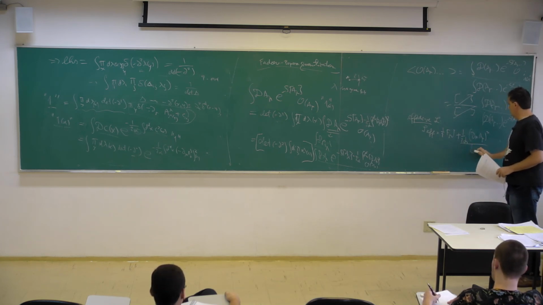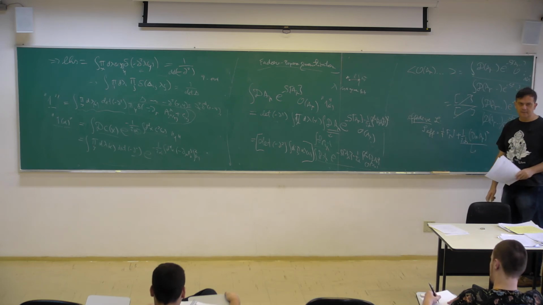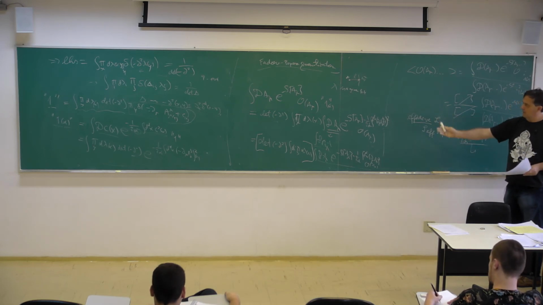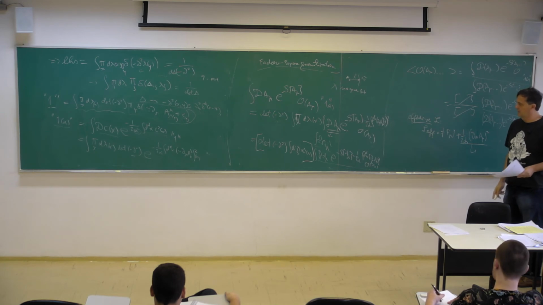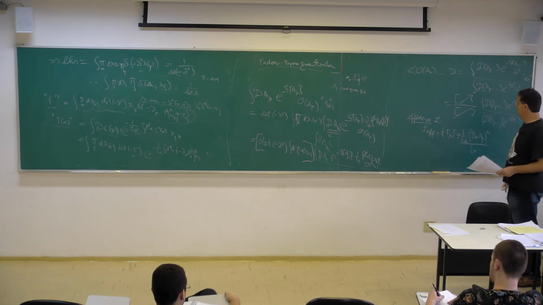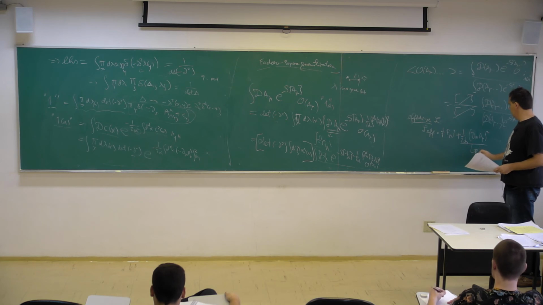And since this breaks gauge invariance, and as we saw, this was a way to deal with gauge invariance, this is called a gauge fixing term.